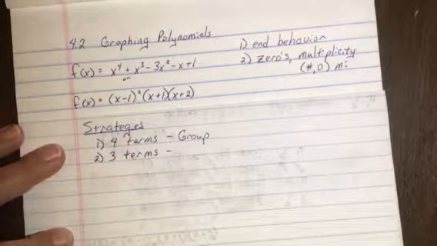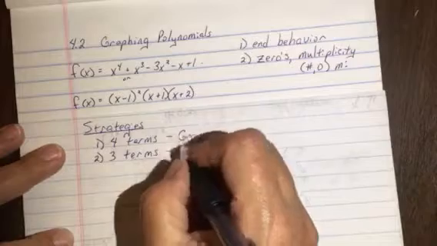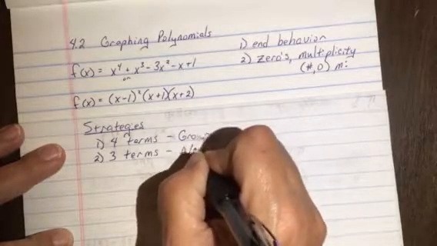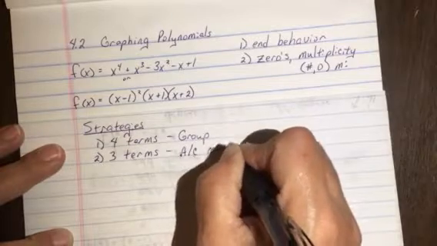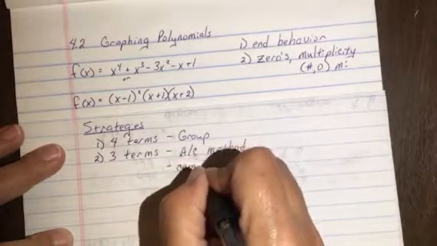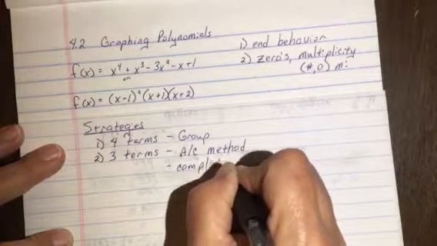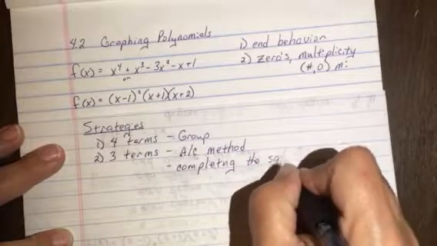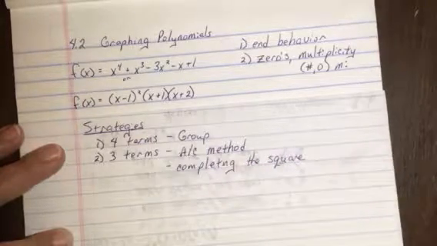Three terms, we have the AC method. We have completing the square.